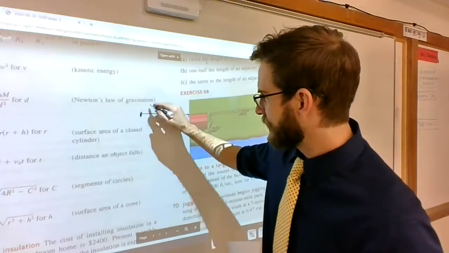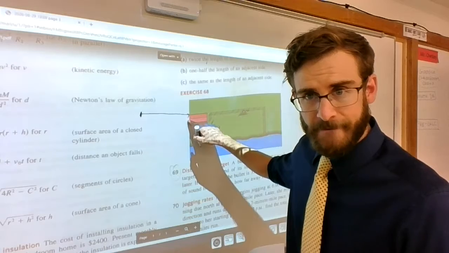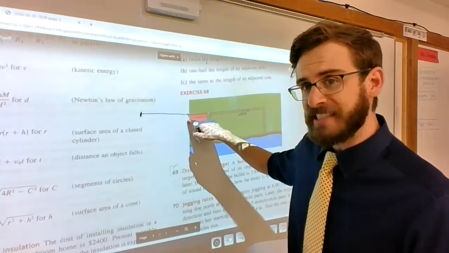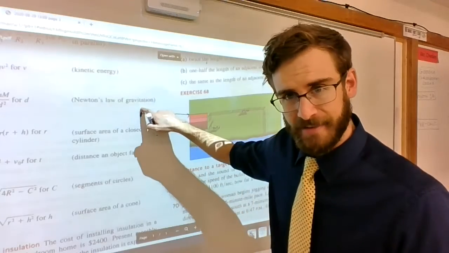The distance from the bullet to its target is equal to the distance that the sound has to come back.